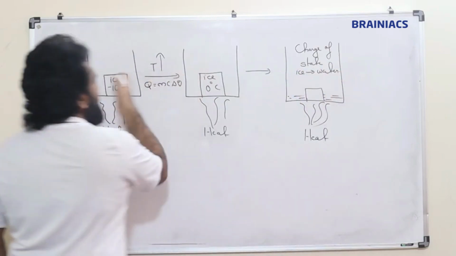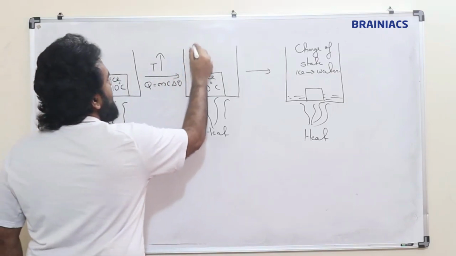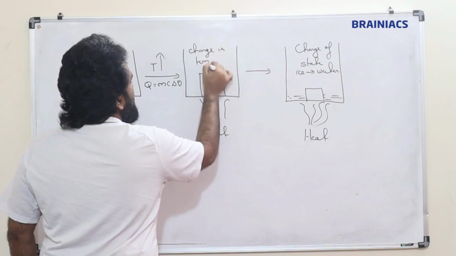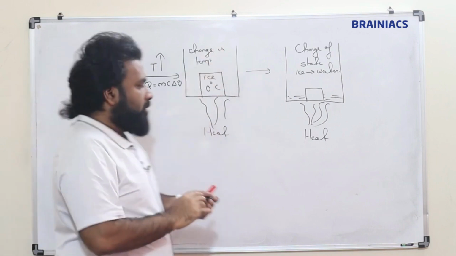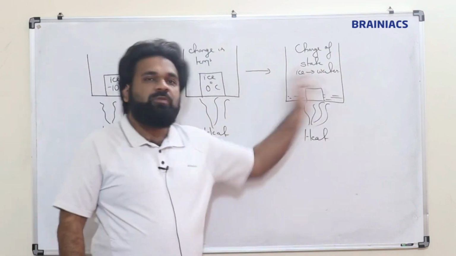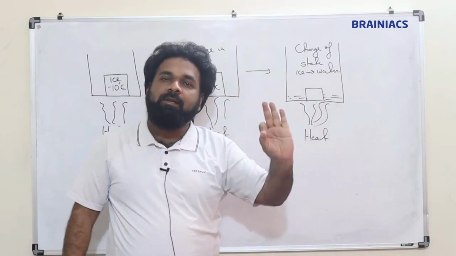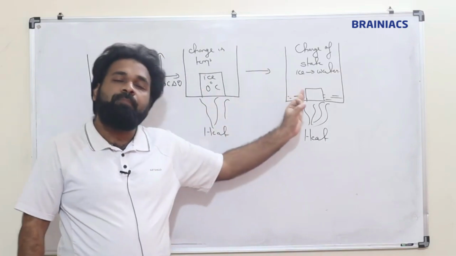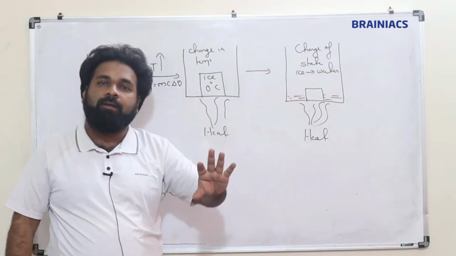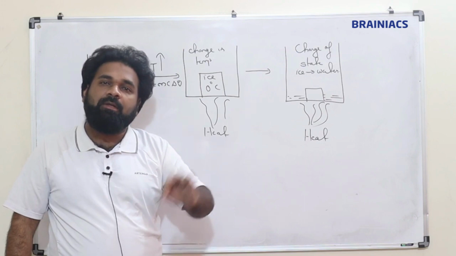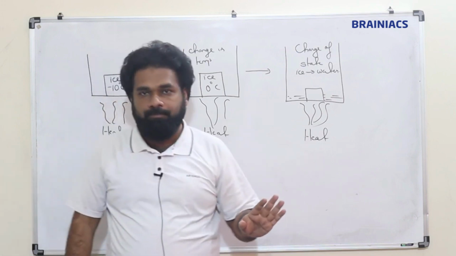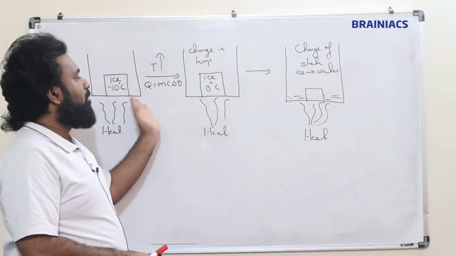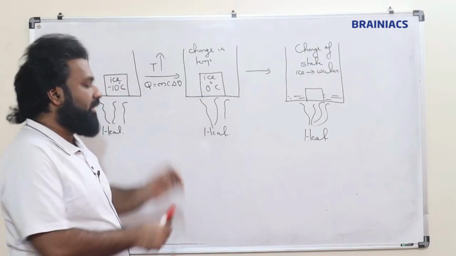In this, what is happening to the temperature? Change in temperature. The thing is, in this process, till the complete ice gets converted into water, there is no change in temperature. So this is minus 10 degrees Celsius, no change in state. This is at 0 degrees Celsius.